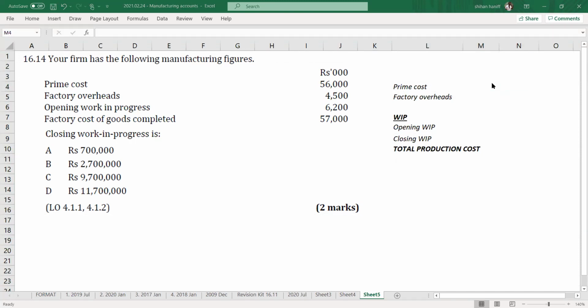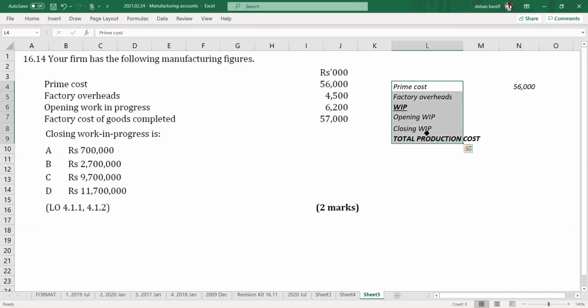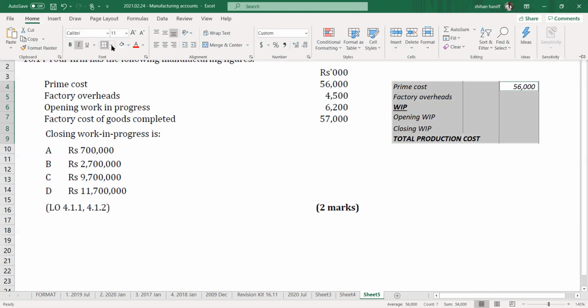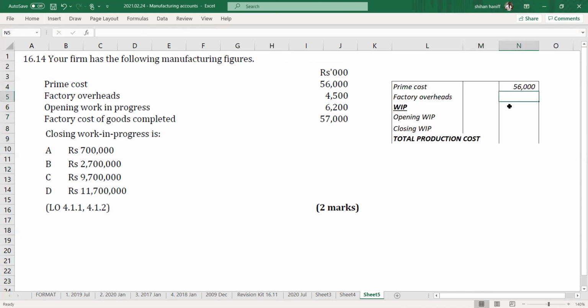Find cost, 56,000. Factory overheads 4,500.